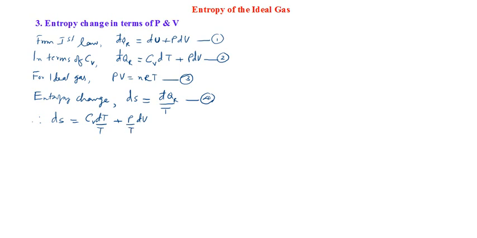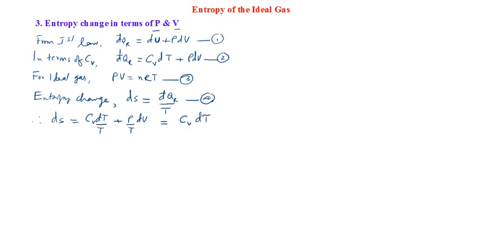So my aim is to get it in terms of P and V. Here there is temperature, here I will be using P. Let me do one more modification here, which is further equal to Cv dT by T, plus P by T for the time being. You will understand why it is done this way. You can do it in several other ways also. Some motivation is there with me.